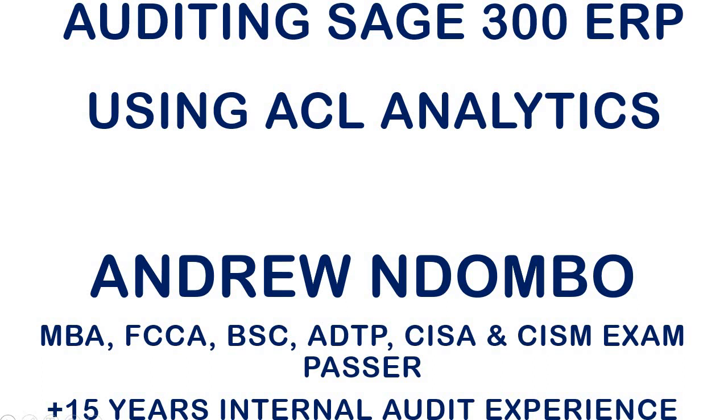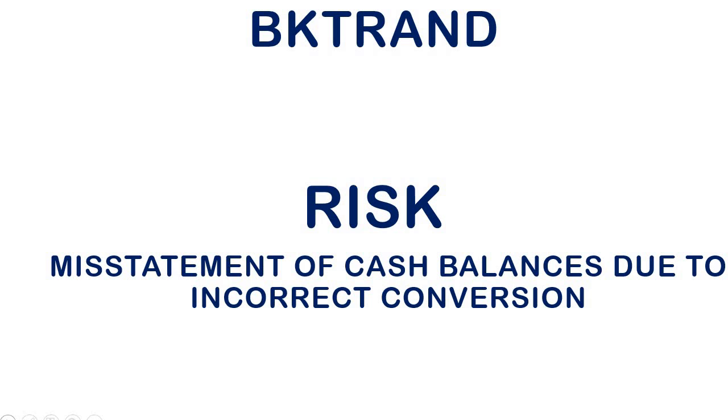So in this video tutorial, I will show you the audit steps that you need to perform when auditing Sage 300 ERP tables using ACL Analytics. Today, I'll focus on a table called BKTRAND, which simply means banking transaction details.